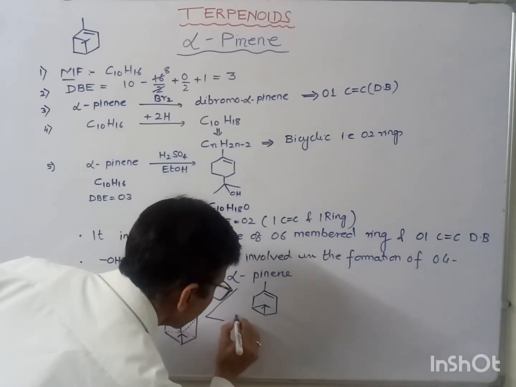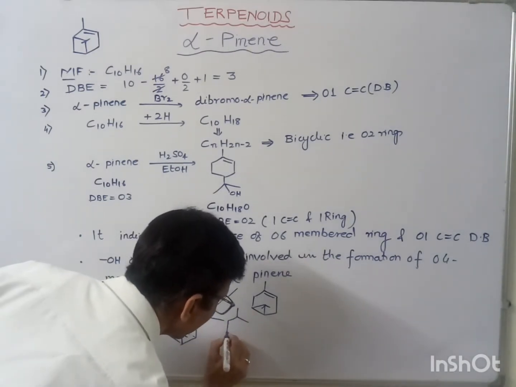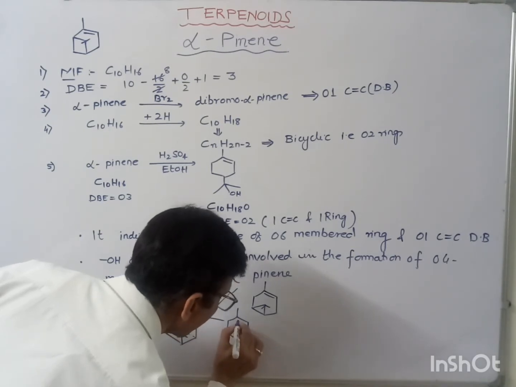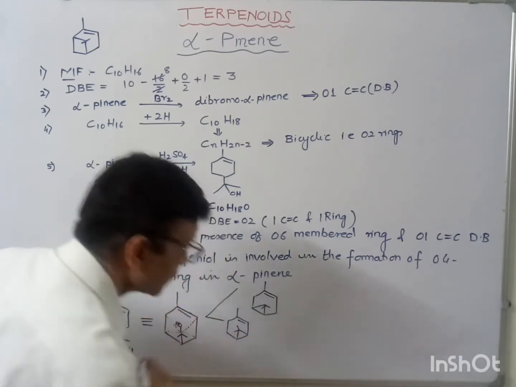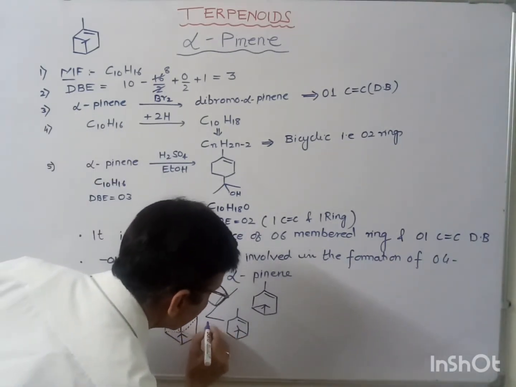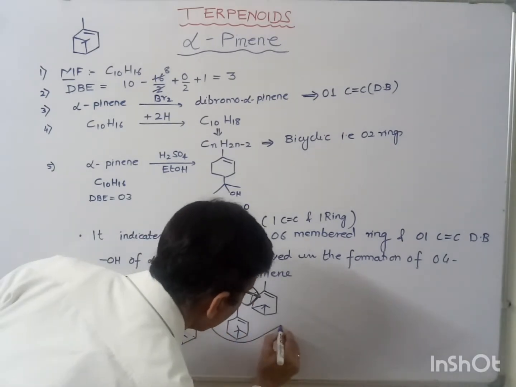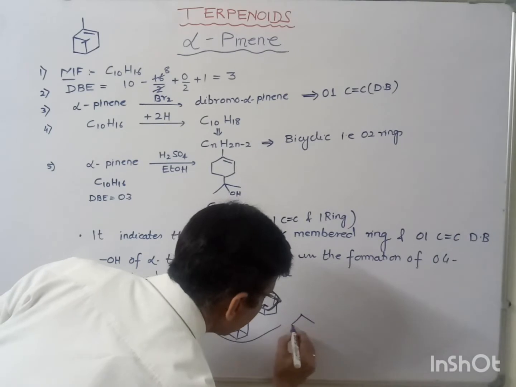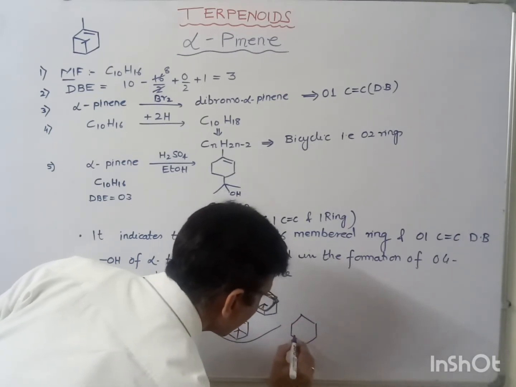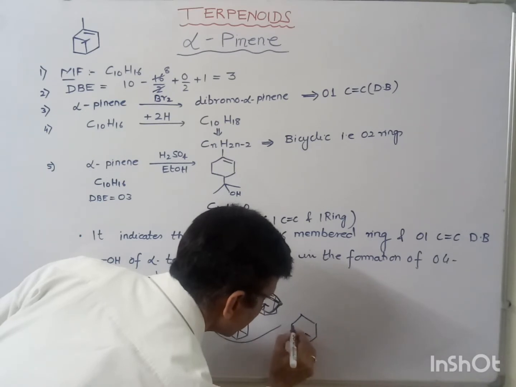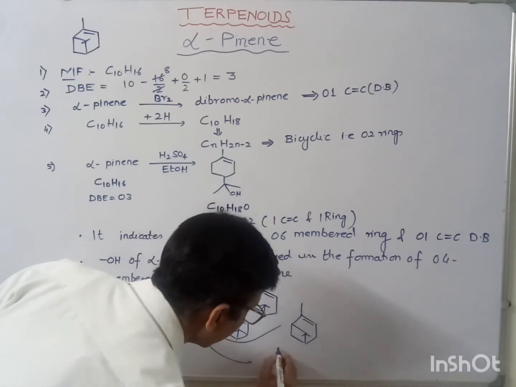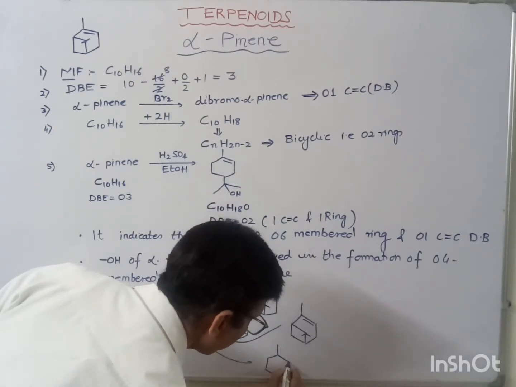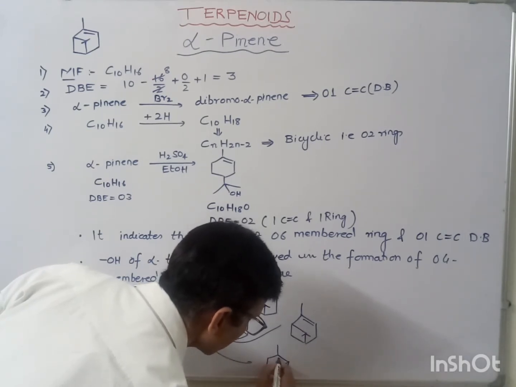Next possibility is that it may form a ring by using this carbon. And a third possibility is that it may form a ring from this carbon, and the next possibility, it may form a ring by using this carbon.